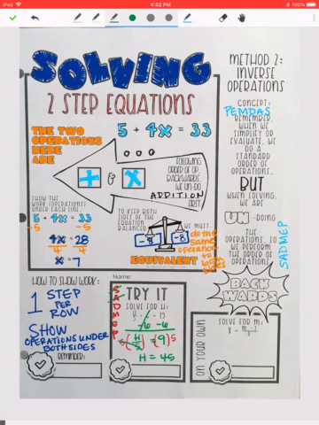So then we can check, and we can do 45. Let's do it in a different color. Okay, we can do 45 divided by 5 plus 6 equals, well, if I do PEMDAS now, I do my division first, so 45 divided by 5 is 9. 9 plus 6 equals 15.